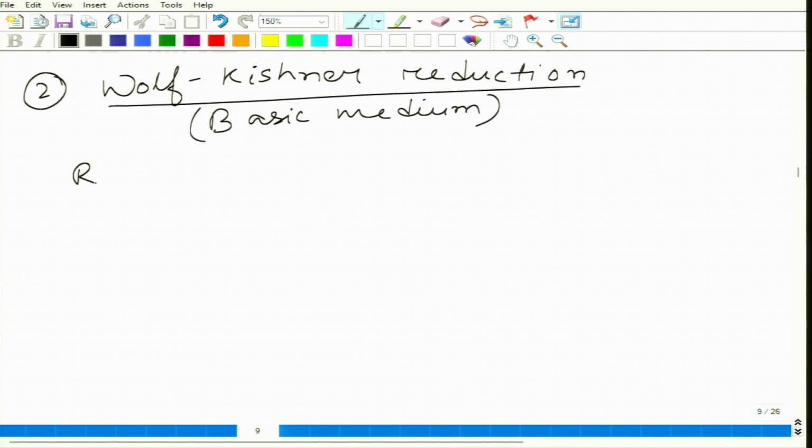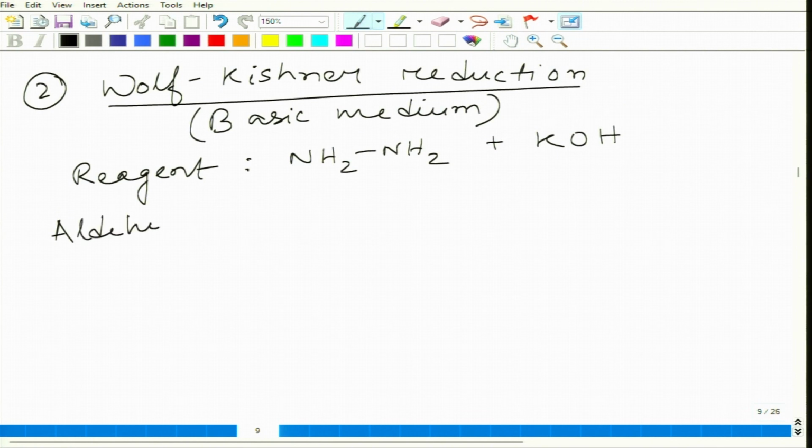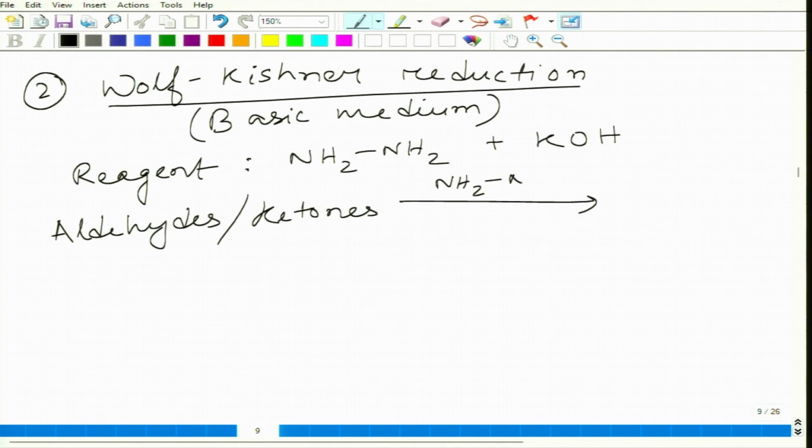In this case, the reagent is NH2NH2, that is hydrazine, and potassium hydroxide. So, this is basic medium. So, aldehydes or ketones in presence of hydrazine and potassium hydroxide will give alkanes.